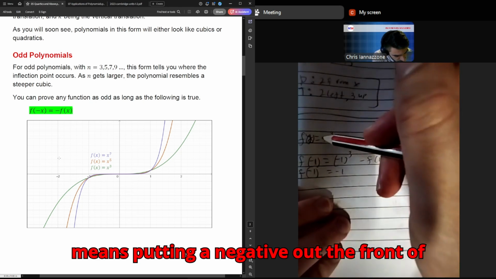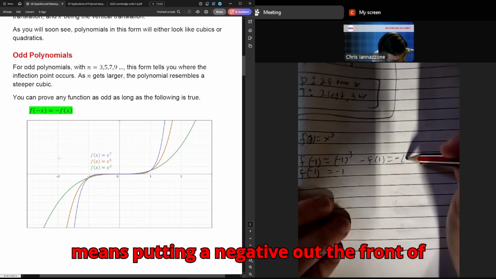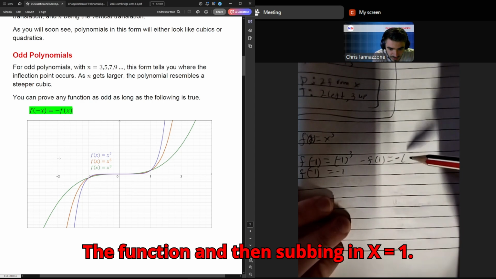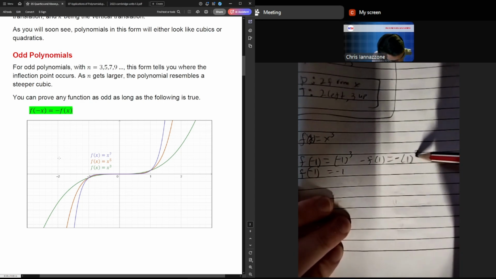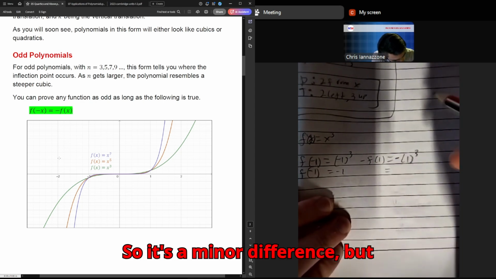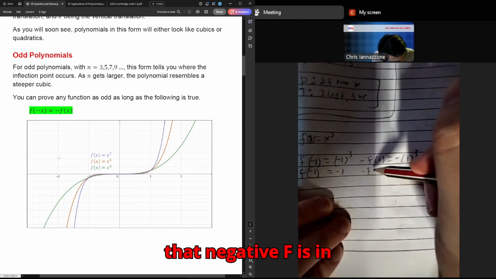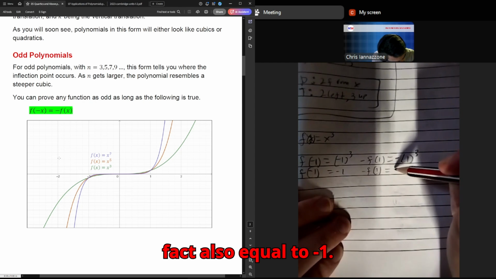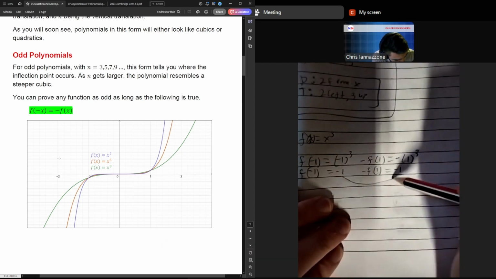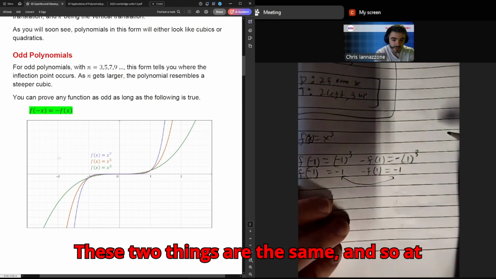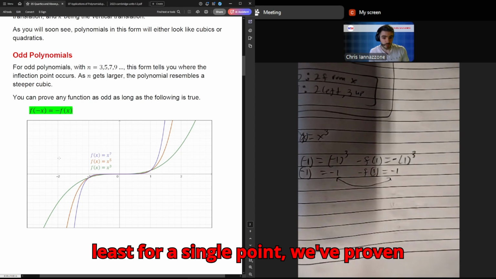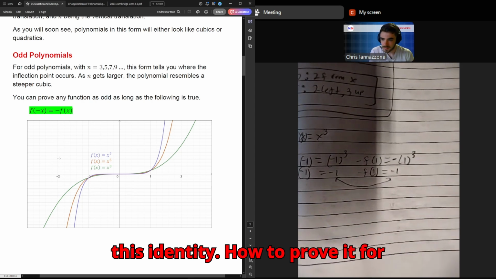So negative f of 1 just means putting a negative out the front of the function and then subbing in x equals 1. So it's a minor difference, but under those circumstances, we're seeing that negative f of 1 is in fact also equal to negative 1. These two things are the same, and so at least for a single point, we've proven this identity.